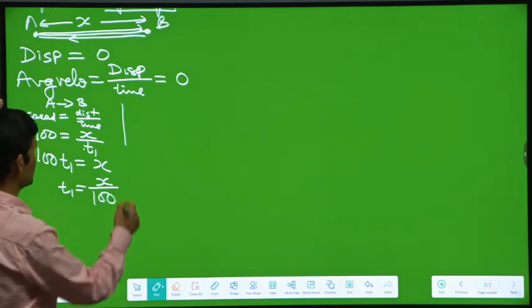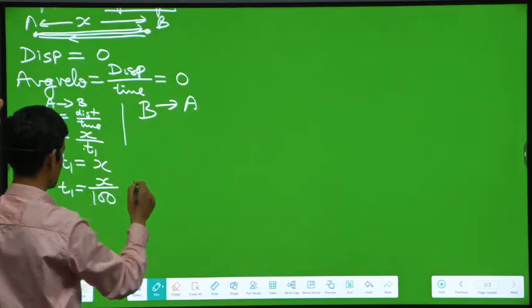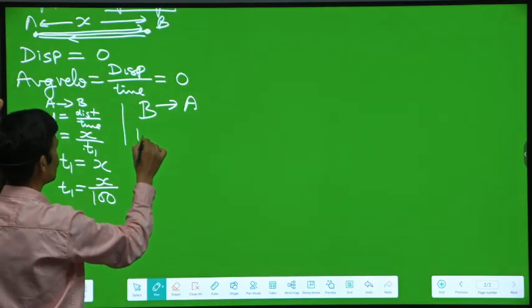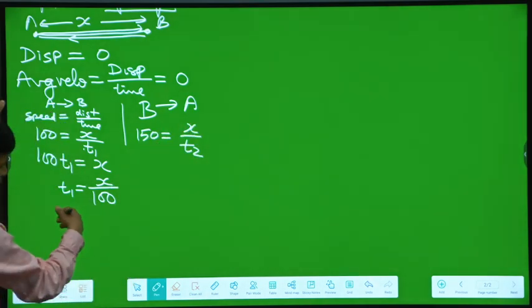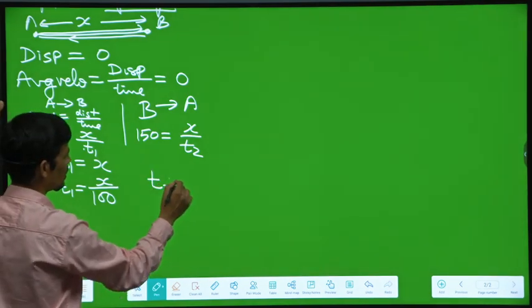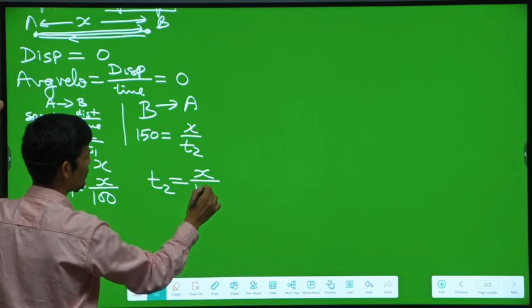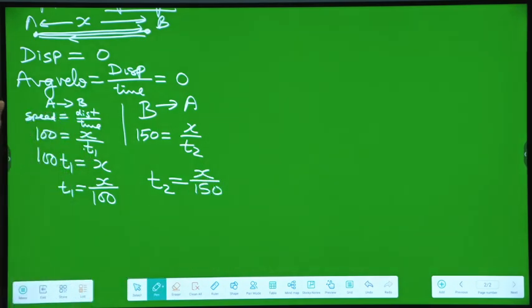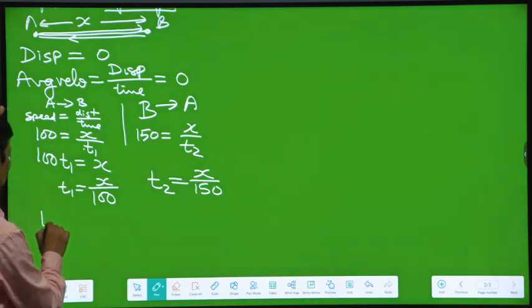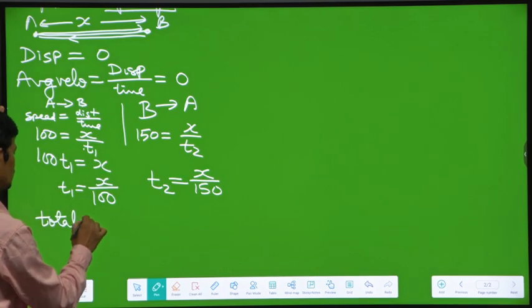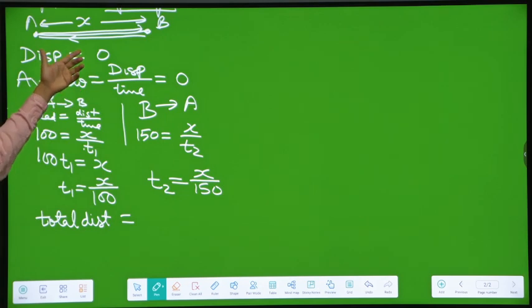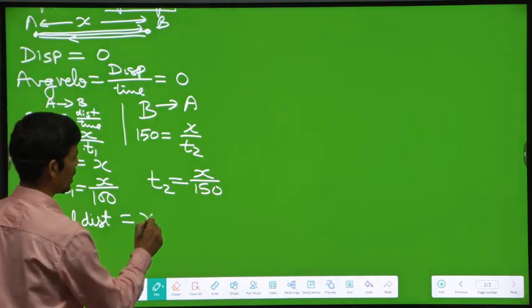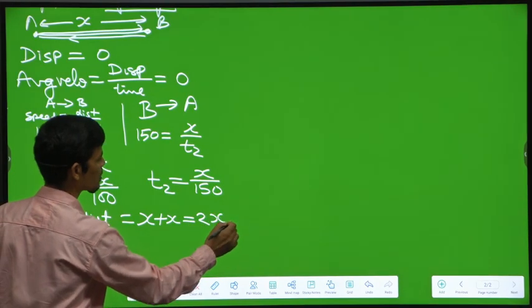In the same way, for B to A, it will be 150 equal to x by t2, and obviously we can write it directly, we can skip some of the steps. Here it is. Next we will find total distance, which we do not know. We have assumed distance as x, so it will be x plus x, that is 2x.